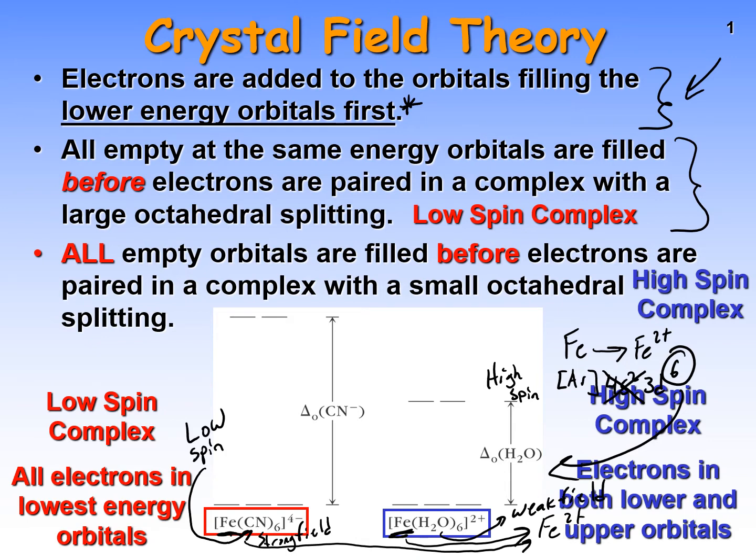So the strong field ligands are going to split your d orbitals more, as you can see here with this one, than the weak field ligands, which barely split it half as much in this example. Now, because of this big gap between energy levels, we fill these two orbital diagrams differently.